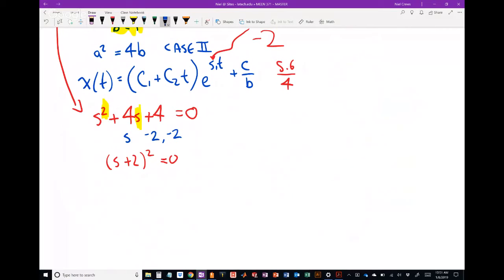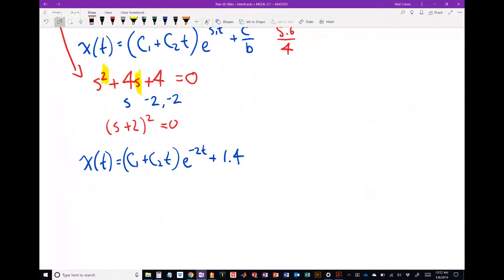Okay, so let's come back to our original formula. x of t is going to be (c1 plus c2 t) e to the -2t plus 1.4. All right, we know x of 0 is 0, so x of 0 is going to be c1 plus 0 times 1 plus 1.4, which gives us that c1 is going to be -1.4.